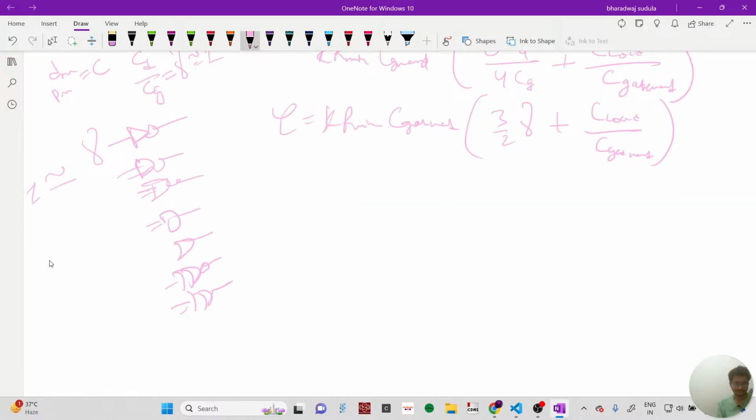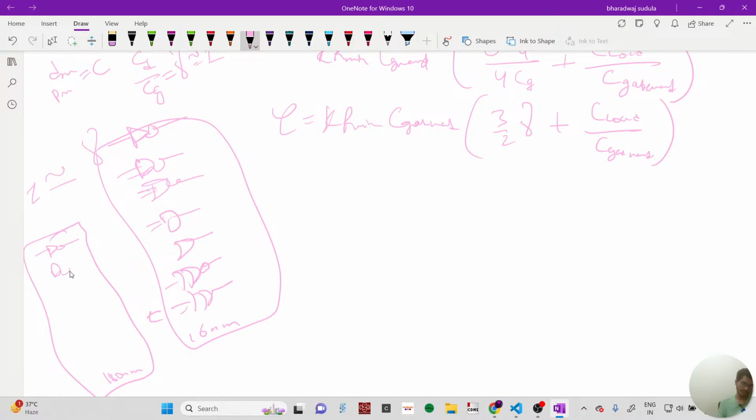But what if I change the technology? Let's say this is 16 nanometer. I switch to, let's say, 180 nanometers. I need to characterize NOT, NAND, NOR, AND, some mux, some adders, half adders, full adders, multiplexers and all.